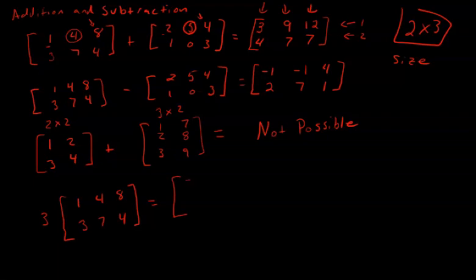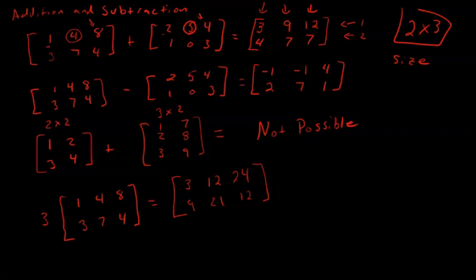So we have 3 times 1, 3 times 4, 3 times 8, 3 times 3, 3 times 7, and 3 times 4 again. So again, scalar multiplication is just to distribute that 3 into every element of that matrix.